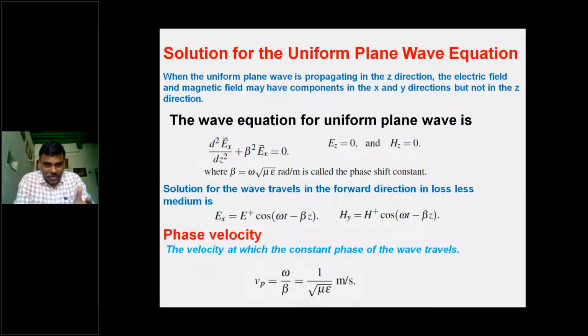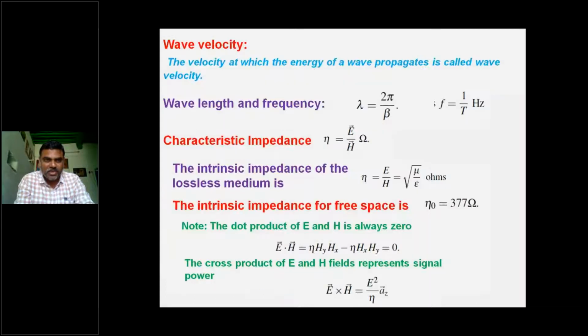Whatever the parameters associated with the propagation are called the propagation characteristics. Those are phase shift constant, attenuation constant, propagation constant, phase velocity, group velocity, etc. So here one of the characteristics for the uniform plane wave is phase velocity, which is given by omega by beta, 1 by root mu epsilon.